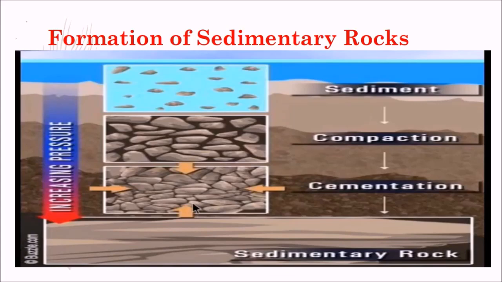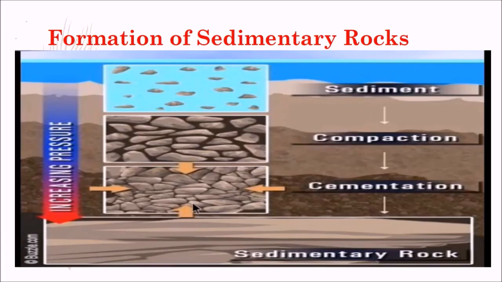Now let's see how the sedimentary rocks are formed. So in the first picture you can see some fine particles which are broken from igneous rocks. They will get eroded by some natural agents like air or wind, and they will undergo compaction, which means they will solidify later on.